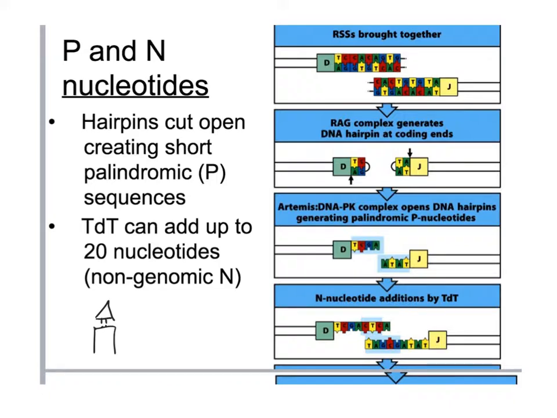TdT can add up to 20 nucleotides of non-genomic DNA. This is just random. Just adding some nucleotides. We don't care. It doesn't matter what you add on this side and what you add on that side. Just throw some nucleotides in. And we call that, so you end up with P and N nucleotides: nucleotides that are from the palindrome, and nucleotides that are brand new.